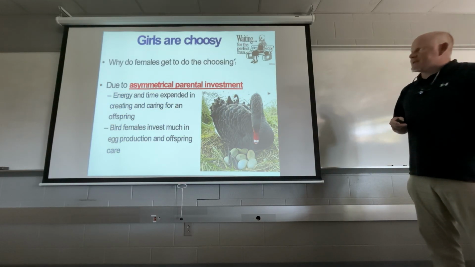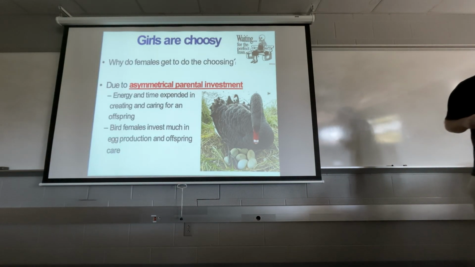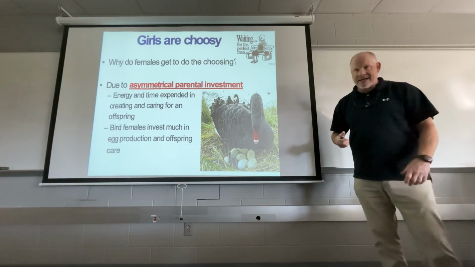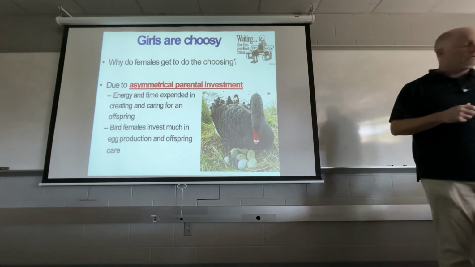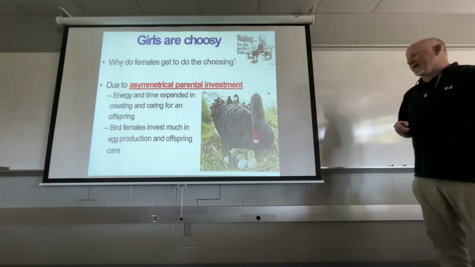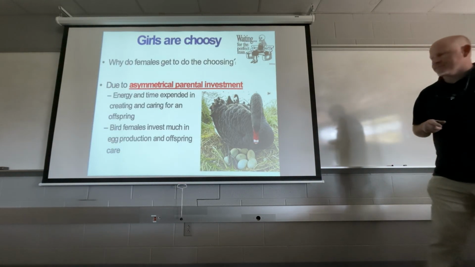And as I mentioned, this happens because of this asymmetrical parental investment, where not only is the female producing these eggs, which takes a lot of energy, but she also spends time in offspring care in many cases, particularly with birds. So females incubate in many cases.